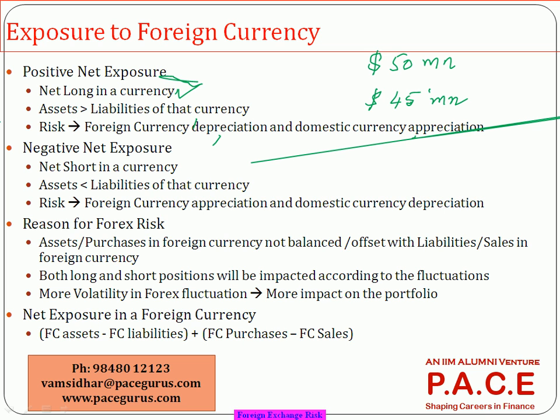If your raw material price goes up, your final sales price also will go up. So the kind of loss you are getting is pretty much minimized. You have to make sure that the combination of the assets plus purchases in the foreign currency should be neutralized with liabilities and sales in the foreign currency. That is where we talk about the net exposure.